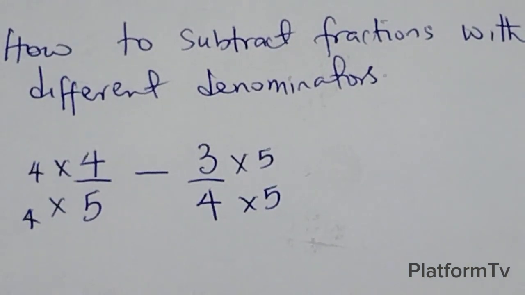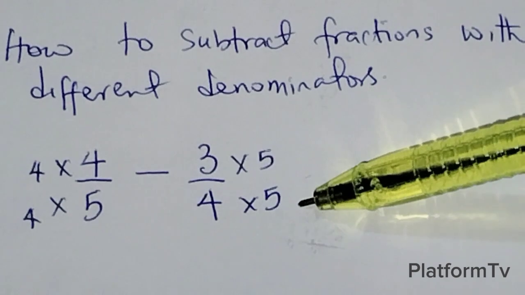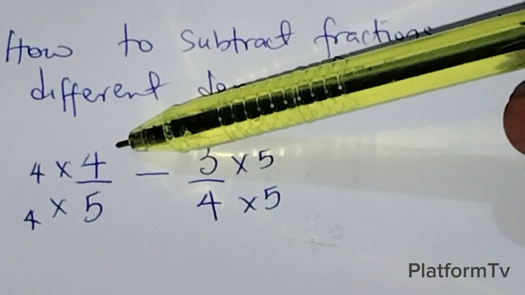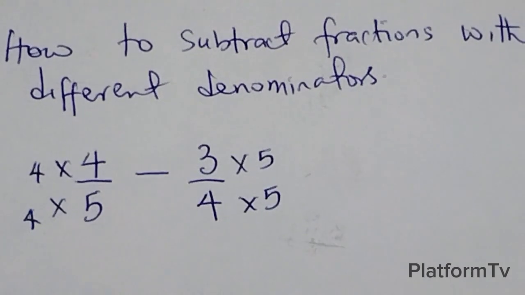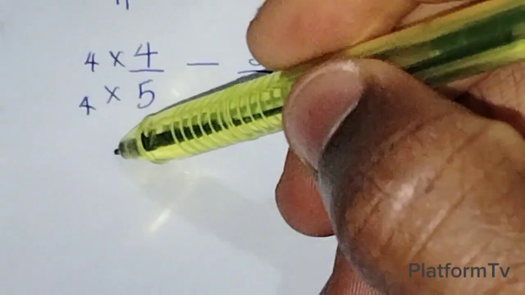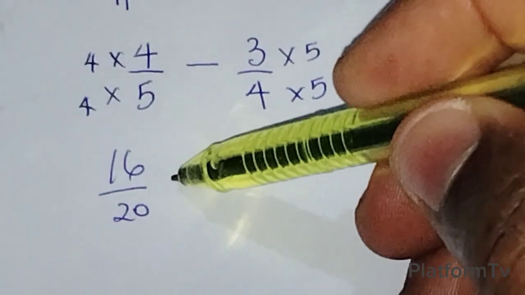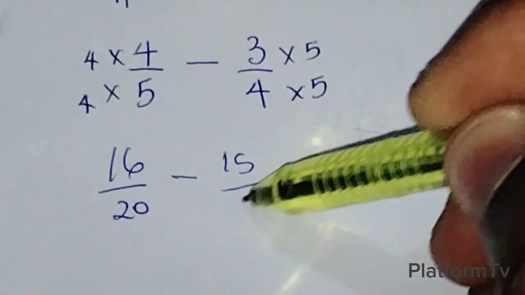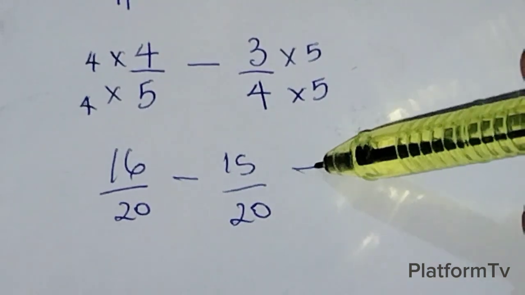So we have 3 times 5 and then 4 times 5 on the right hand side of the fraction, and then I have 4 on the other side times 4 and then 4 times 5. Now 4 times 4 will give me 16 over 20 minus 15 over 20, which gives my answer as what?